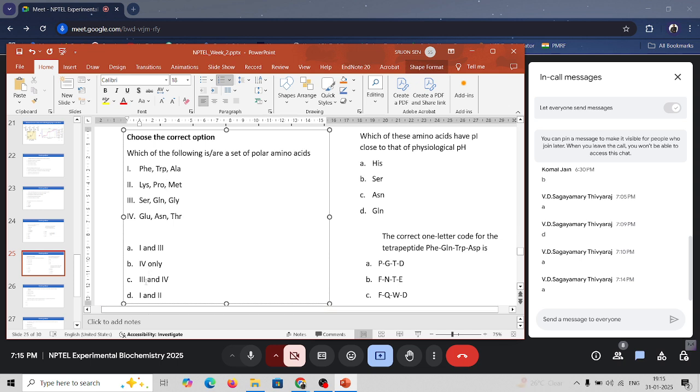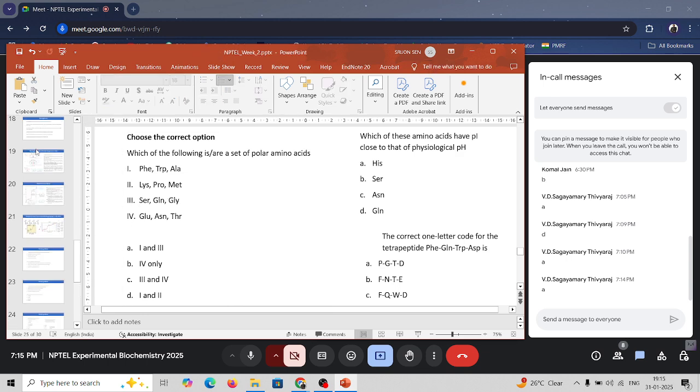That means A and D cannot be correct. It has to be either 3 or 4. So 4 is correct because you have the glutamic acid, asparagine, and threonine. These are all polar in nature. What about 3? You have serine, that is polar, glutamine, that is also polar, but is glycine polar in nature? It's not. Glycine is not polar in nature.